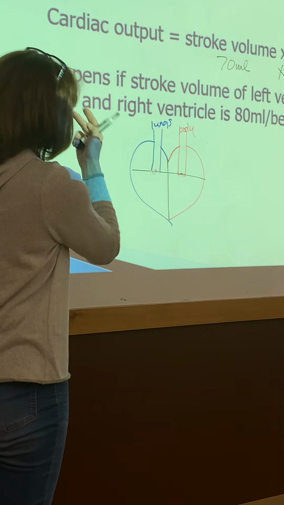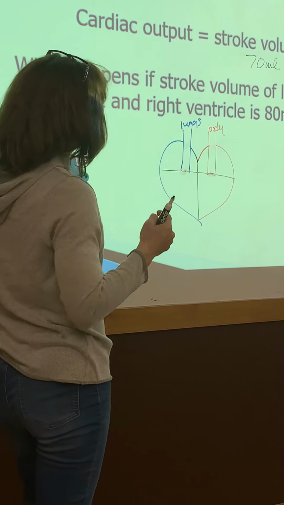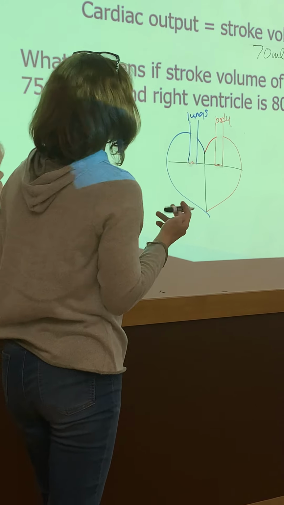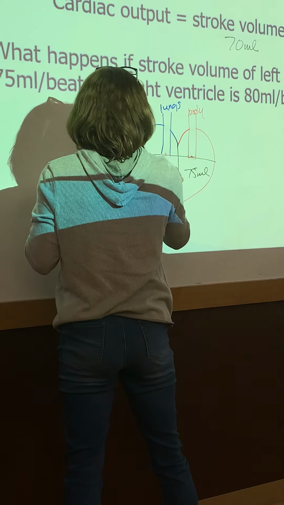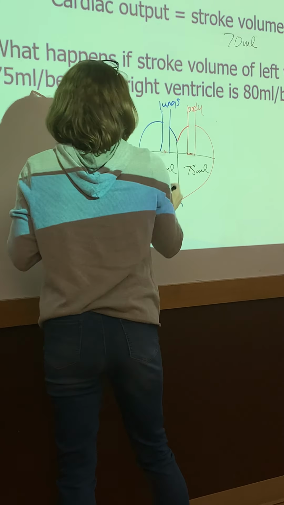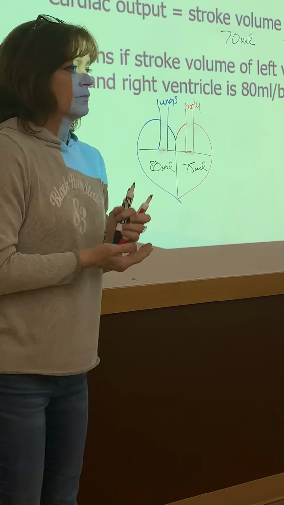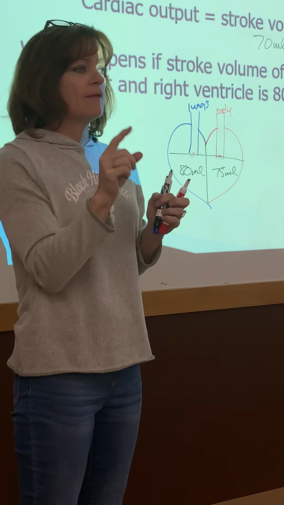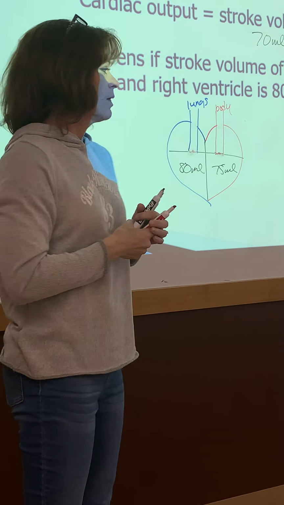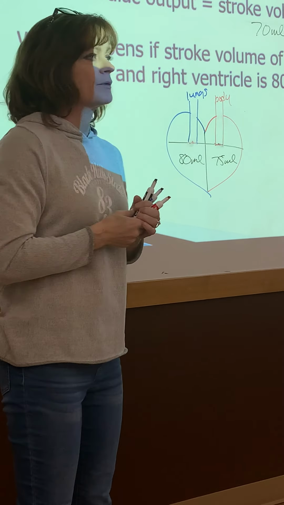Let's just look at this example. What would happen if the stroke volume of my left ventricle is only 75 mils, but my right ventricle is 80 mils? This is one contraction. The left ventricle isn't sending as much blood as the right. What's going to happen?